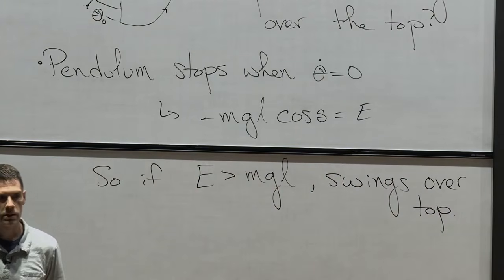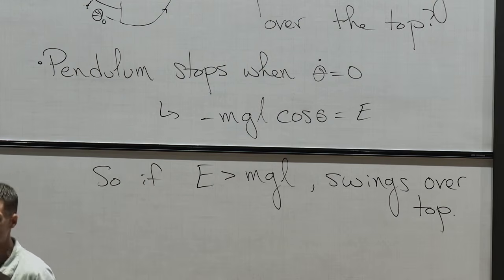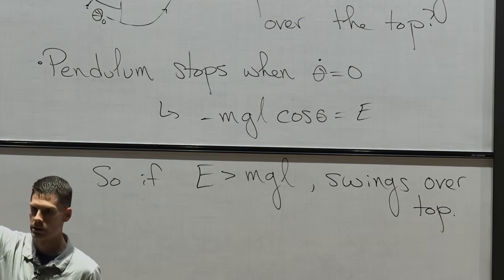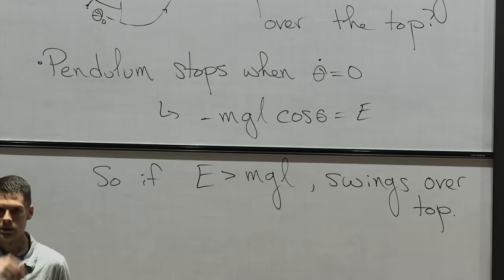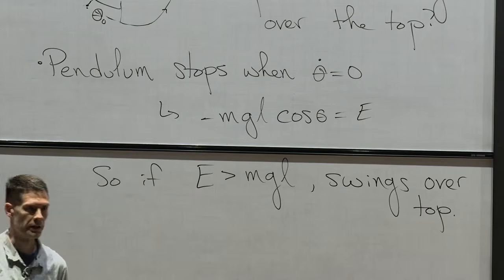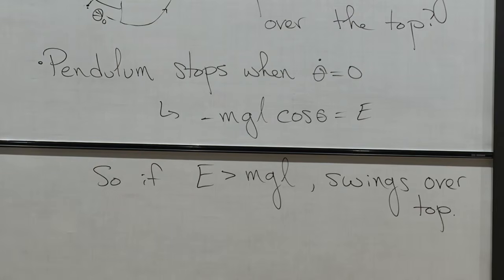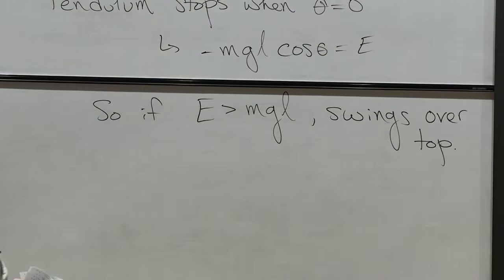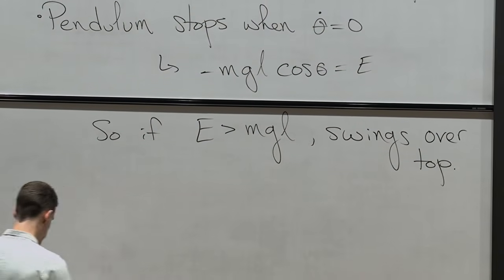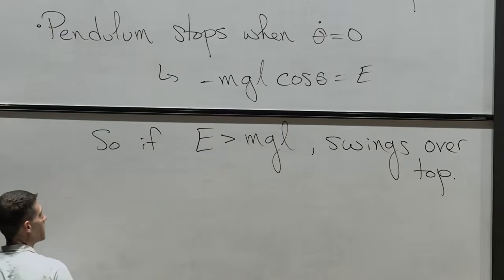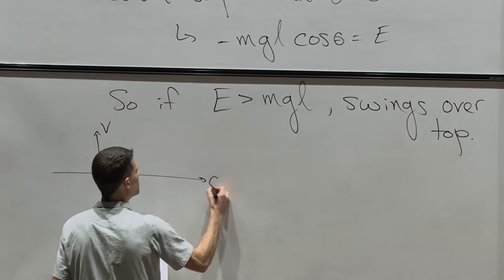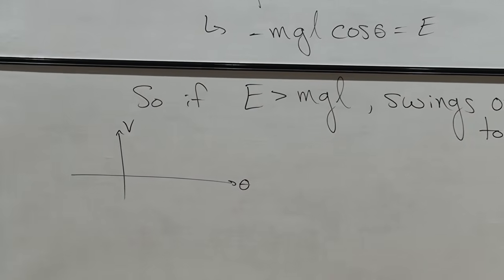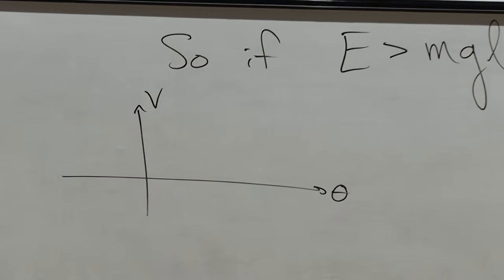What happens next? So I've given this thing a big push, it's made it all the way to the top. Then what? Okay, you want to think it just keeps going, right? Given enough energy. A way to see that is think about an energy landscape. So if I plot V of theta, V is just a minus cosine, right?